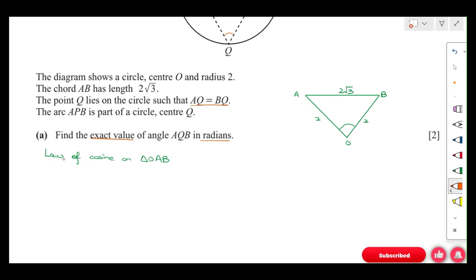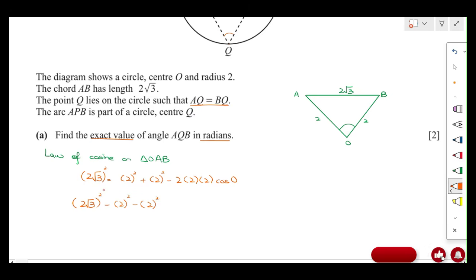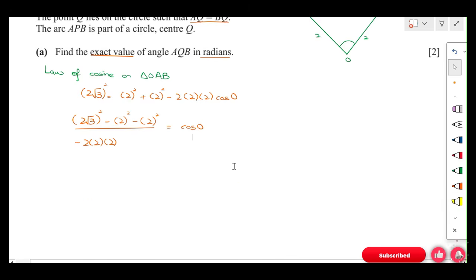The side opposite this angle is 2 root 3, and its square equals 2 squared plus 2 squared minus 2 times 2 times 2 times cos of the angle between these two sides, which is angle O. To solve for angle O, shift everything: 2 root 3 whole squared, minus 2 squared, minus 2 squared, divided by negative 2 times 2 times 2, and this is cos of angle O.